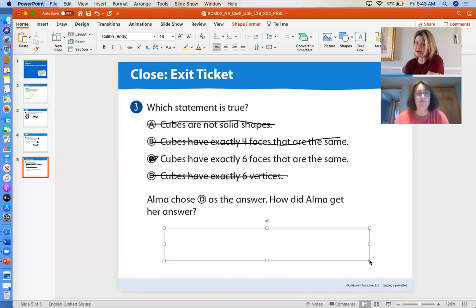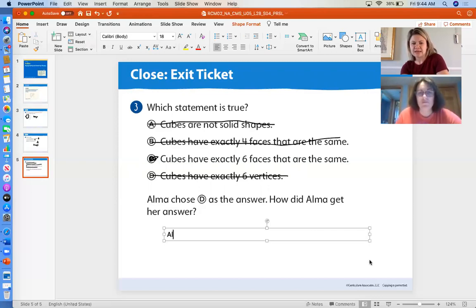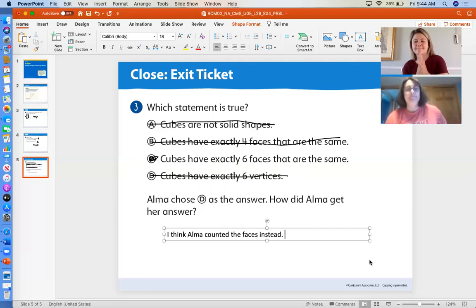Well, that's not right when it comes to 3D shapes, right? Right. I think she could have done it either one of those ways. Let's go ahead and just put Mrs. Walker's answer for now. I think Alma counted the faces instead. All right. Perfect.